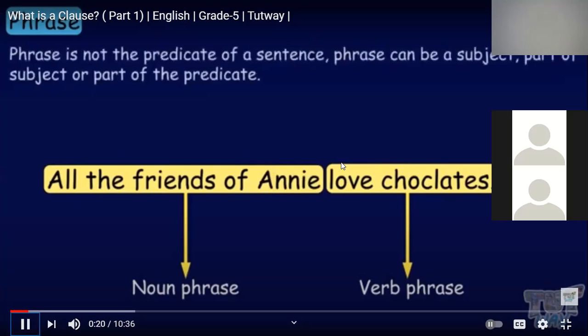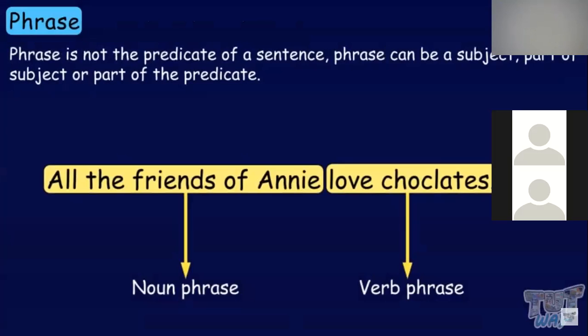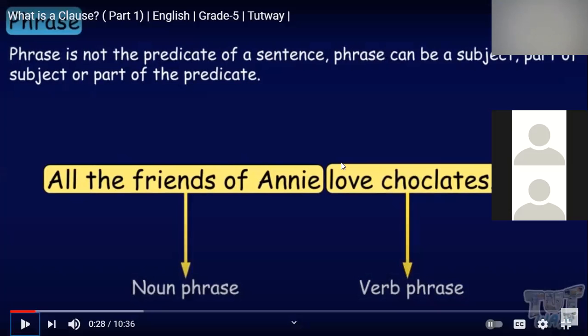A phrase is not the predicate of a sentence. A phrase can be a subject, part of a subject, or part of the predicate. So she said the phrase is not the predicate. The predicate is the part of the sentence that has the verb.